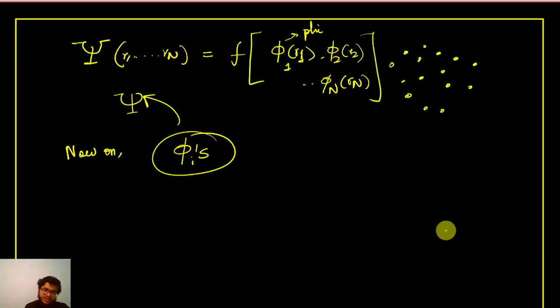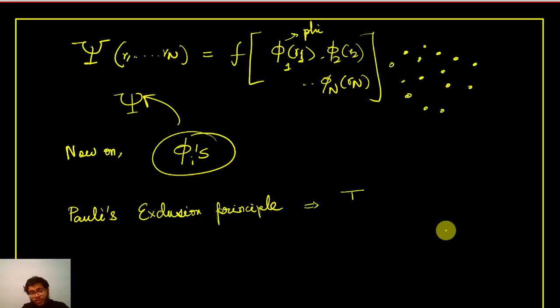The only interaction they will have is Pauli's exclusion principle, where two electrons cannot occupy the same quantum state.